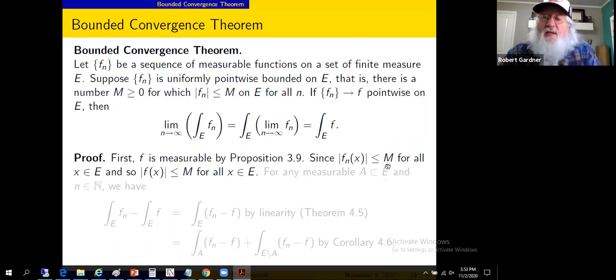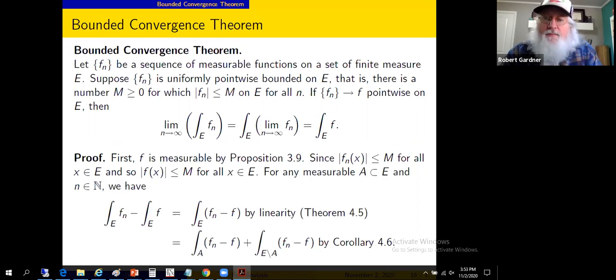The absolute value of f sub n is less than or equal to M for all x. So f of x, the limit function, is also less than or equal to M. As I said, it's got the same bound as all the f sub n's. So everything in sight is a bounded function on a set of finite measure. So we really are dealing with class 1 functions.